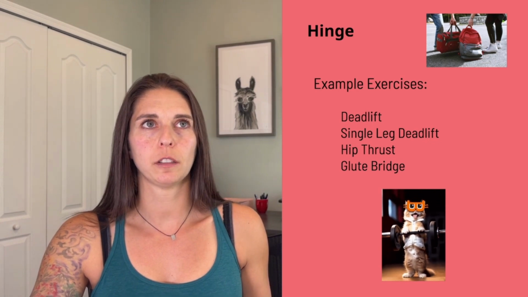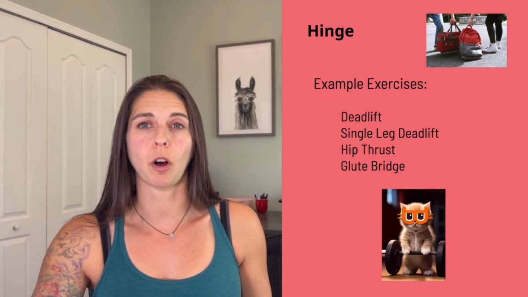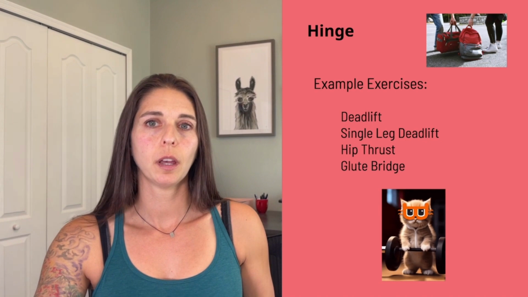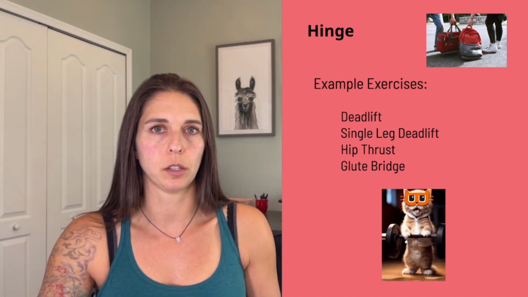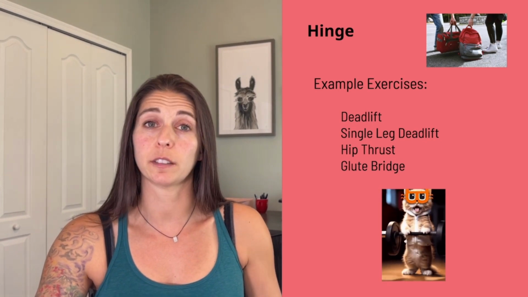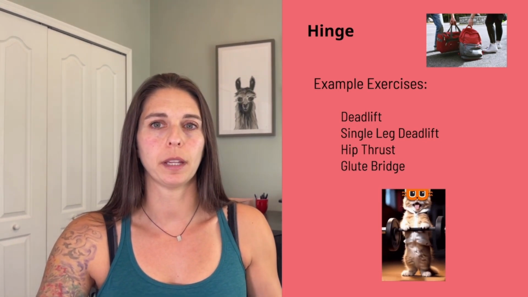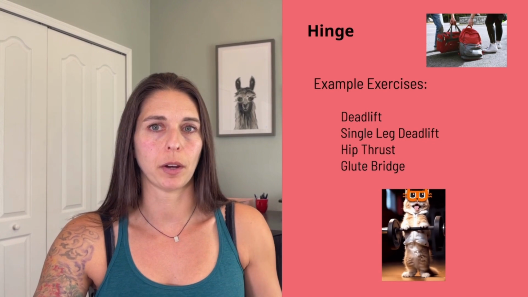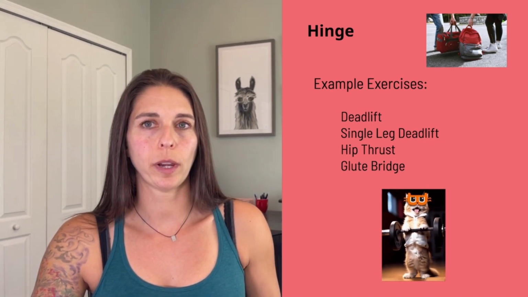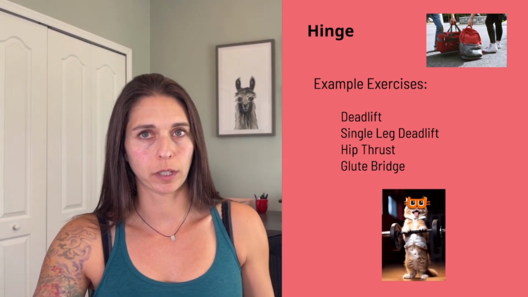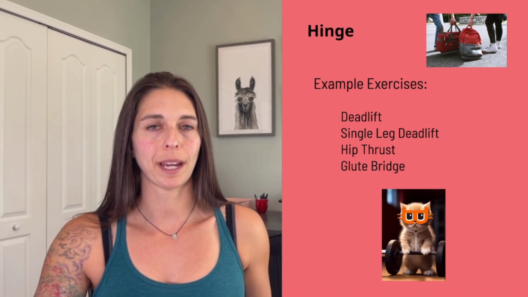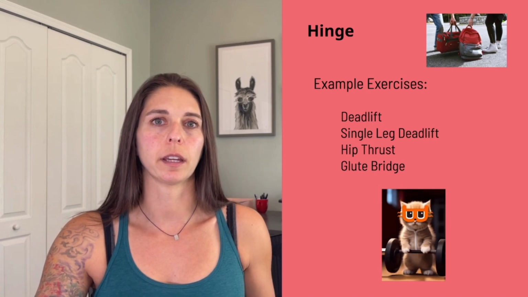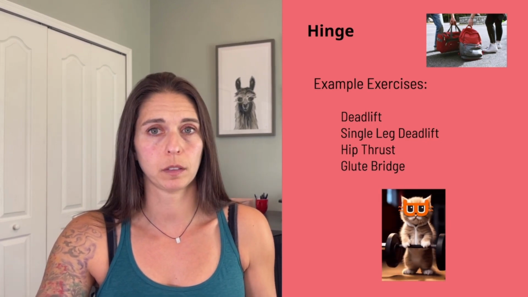Then we've got the hinge. The hinge movement is probably the trickiest one, but also I think the most important. So a hinge is when you bend at the waist without bending your knees much. And that's different than a squat. In a squat, you bend at the waist and at the knees about equally. So the hinge is bend at the waist, you keep your knees pretty straight and stable. The hinge builds strength all across your back and legs with exercises like the deadlift or the hip thrust.